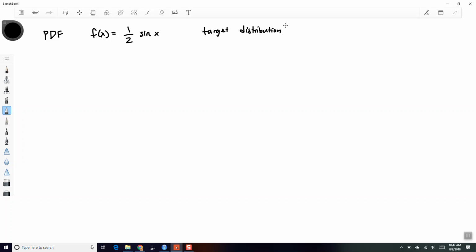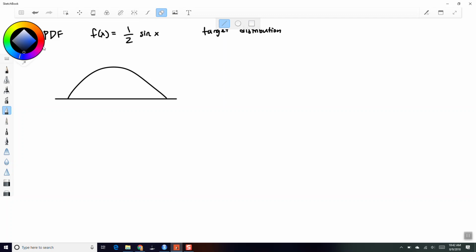At this point, it's not very hard to do the inverse CDF method here, but what we're going to do is propose values.